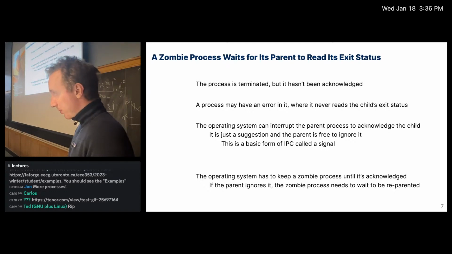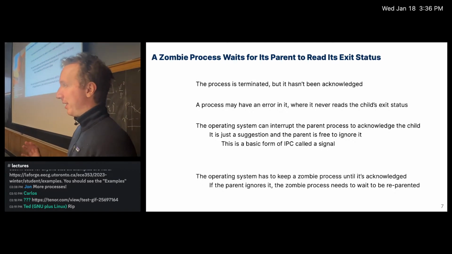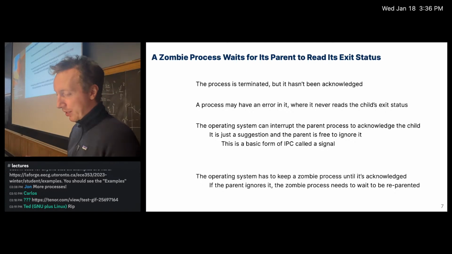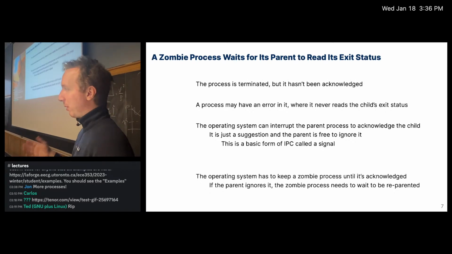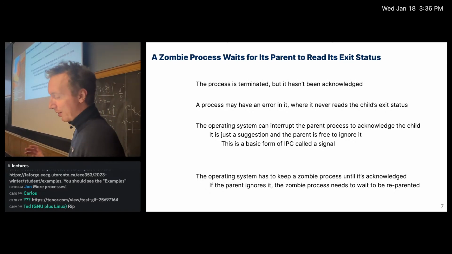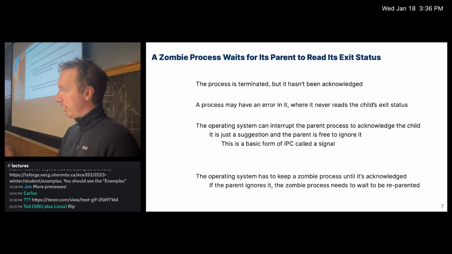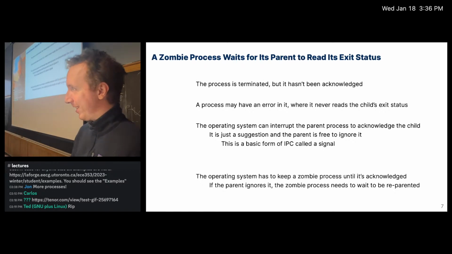So there are some things the operating system can do. One of the things we'll see later in the course is that the operating system generates interrupts to processes. So one thing it can do is poke the process and say, hey, your child died, you should probably do something about this.